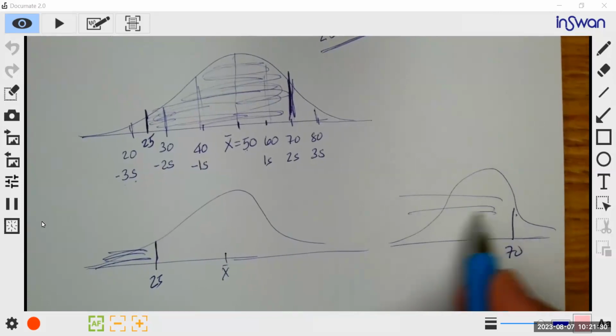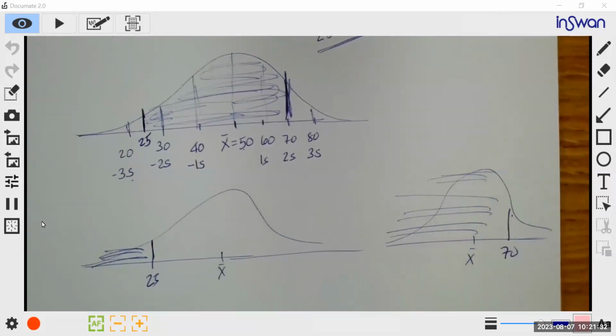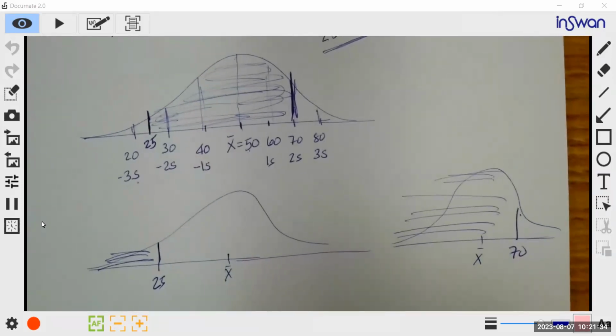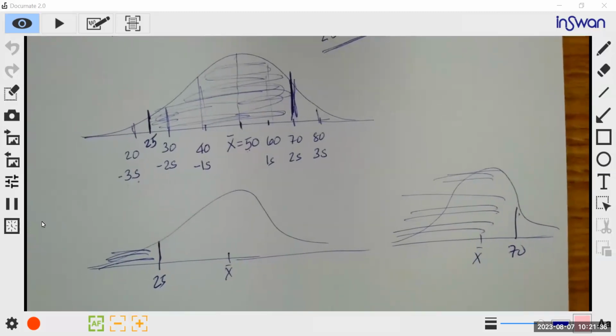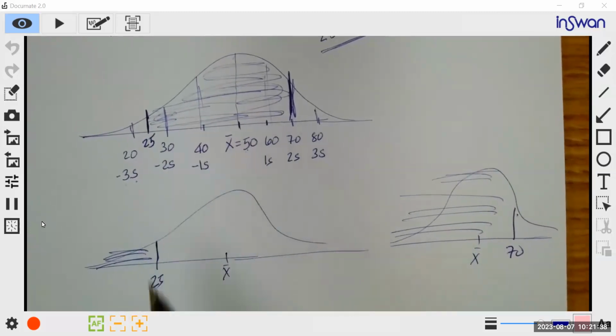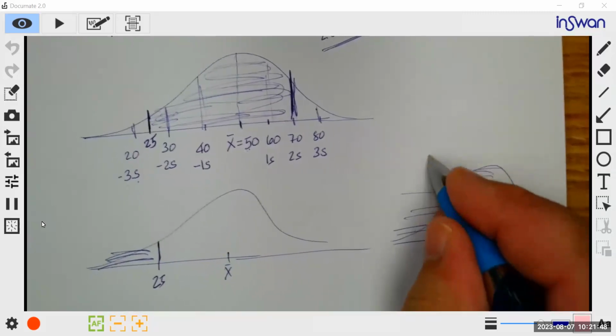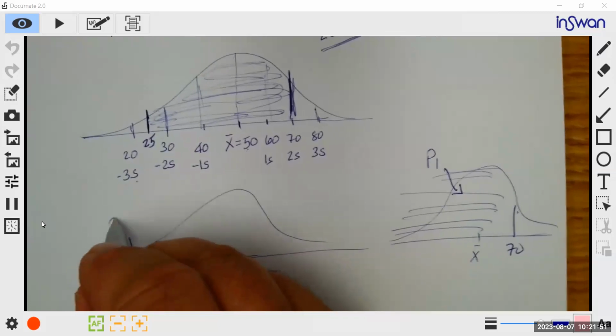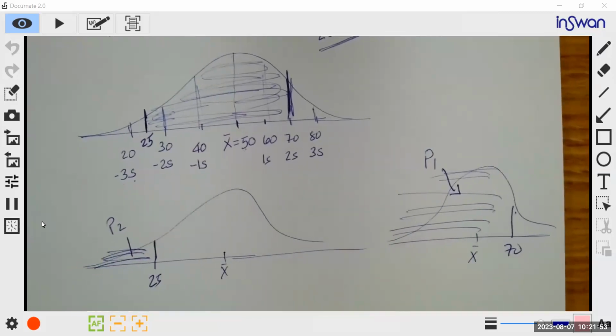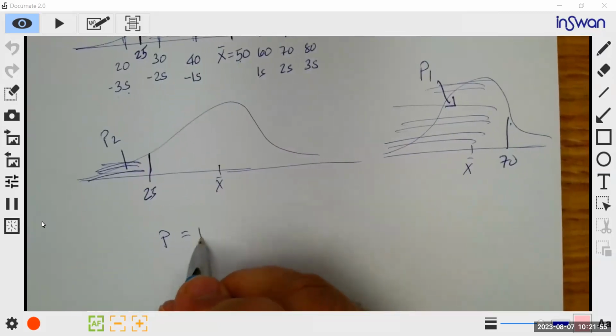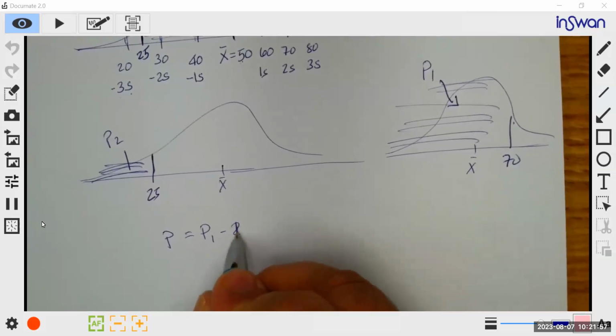Give me this whole area. So how do I find the area between 25 and 70? First area, right? So you get that. And then you get that one. So this is P1, this is P2. So our probability becomes P1 minus P2. Very good.